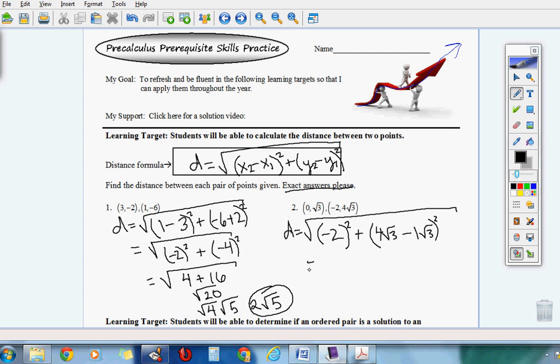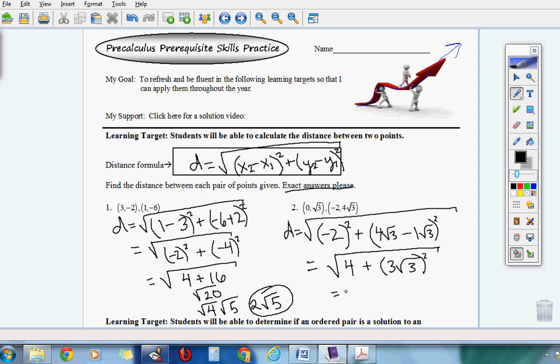So if you remember with radicals, you can only put like radicals together. So that's actually going to be the same as, opposite of 2 squared is just 4, plus 3 root 3 quantity squared. So just like 4x minus 1x would be 3x, this is 3 root 3.